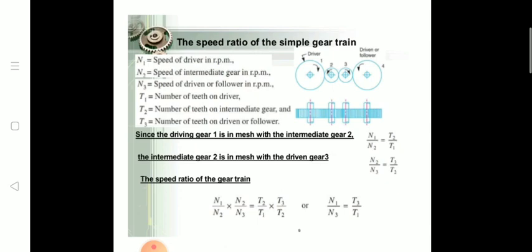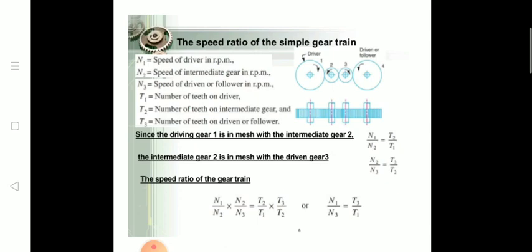So it is taken as T2. Now, since the driver gear 1 is matched with the intermediate gear 2, it is taken as the ratio n1 upon n2 is equal to T2 upon T1, and the intermediate gear 2 is matched with gear 3, so n2 upon n3 is equal to T3 upon T2.